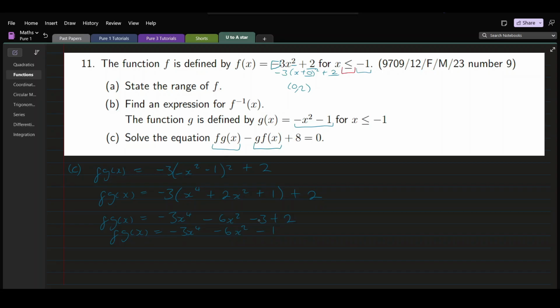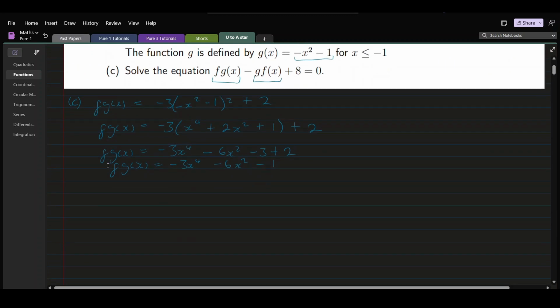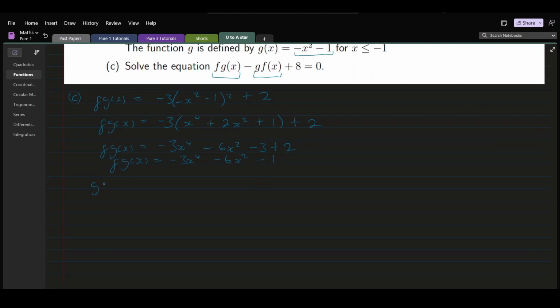Now we need to find gf of x. So gf of x is equal to, that's negative x squared, so we're going to put f here, negative 3x squared plus 2, and this is squared minus 1. Let's simplify. gf of x is equal to negative, and then we're going to expand this whole bracket over here. So that's negative 3x squared, which gives us 9x to the power 4.